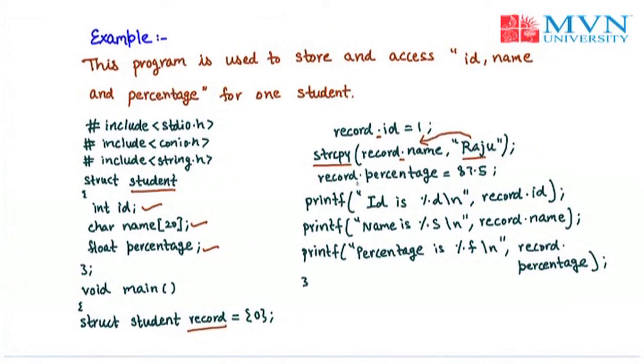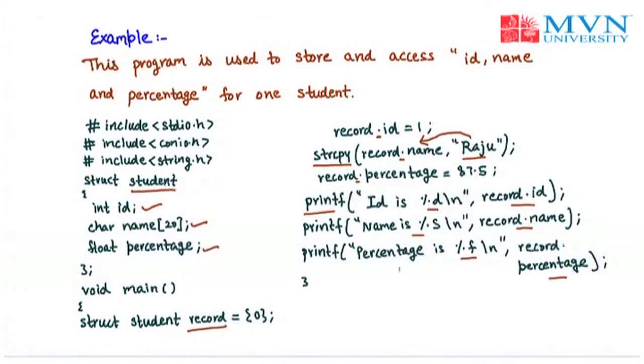Then record dot percentage is 87.5. So in this way we can give the values of the structure members. Then for printing the values we have to use the printf function, again with the dot operator: id is %d, record dot id; name is %s because name is of char type, record dot name; percentage is of float type, so we have to use %f, record dot percentage. In this way we can access the structure members.